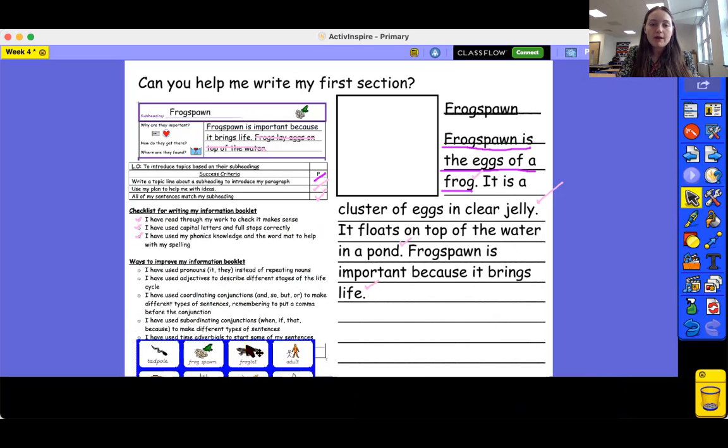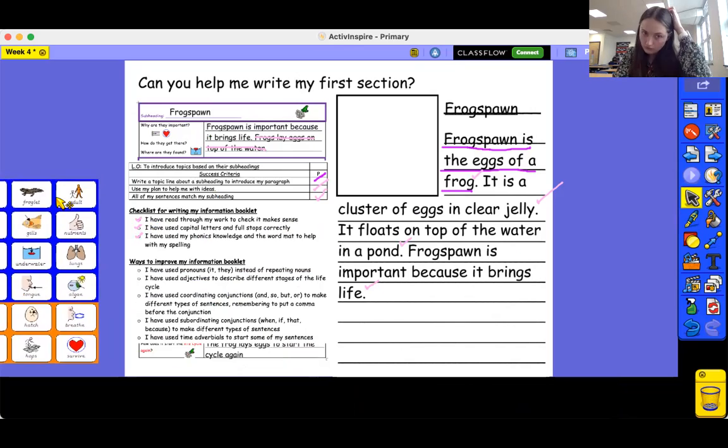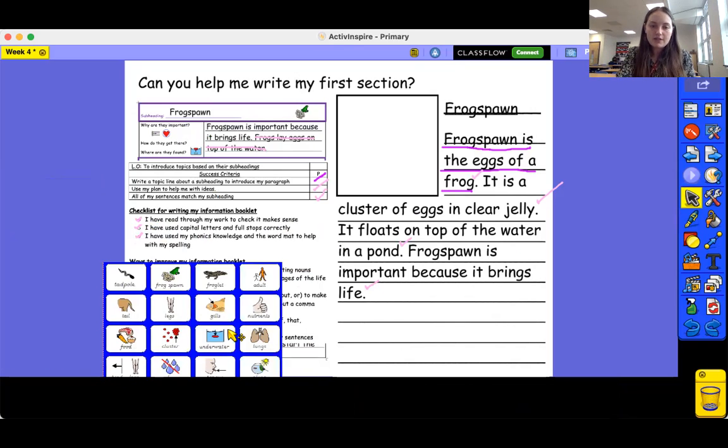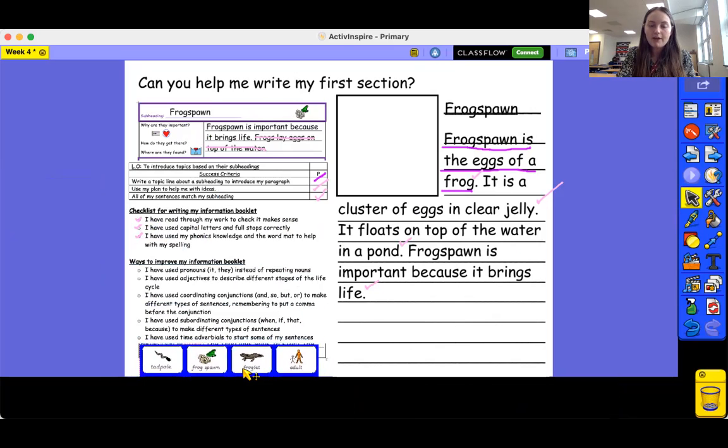Ways to improve my information booklet. So I could read through some of these now and decide, are any of these going to help me to make my writing even more interesting? Have I used adjectives? I have used clear. Maybe I could use some others somewhere, but it's also important to remember that this is an information piece of writing.